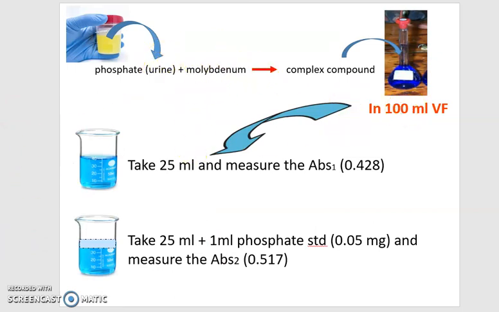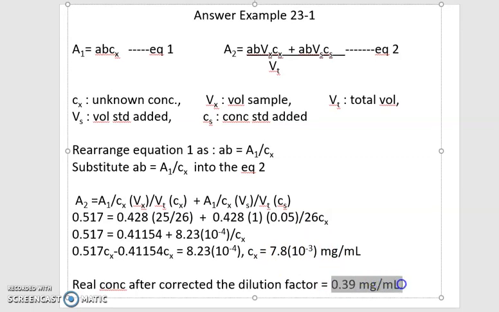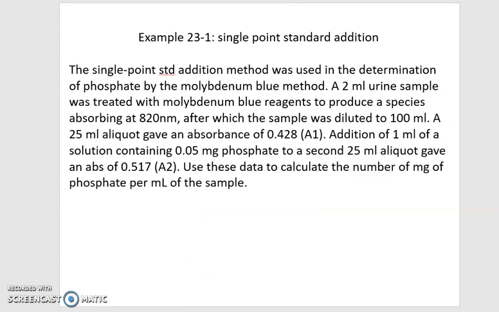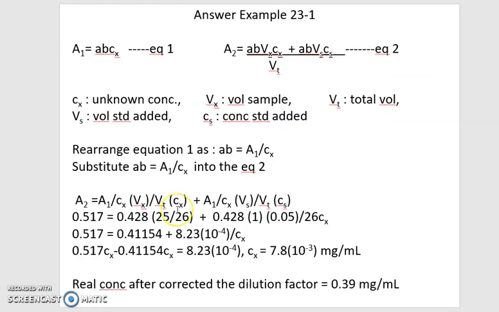By multiplying this value with 100 divided by 2, we will get 0.39. So this is the example. We can use single point standard addition to determine the concentration of the target analyte in the sample.